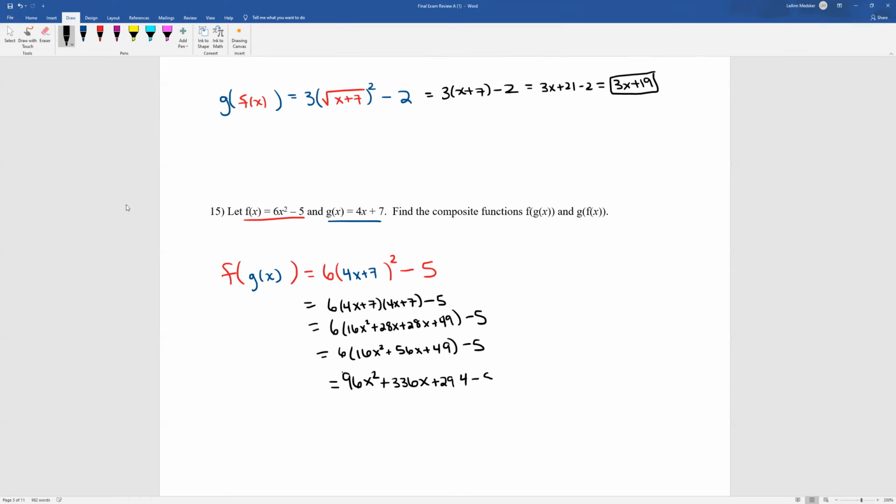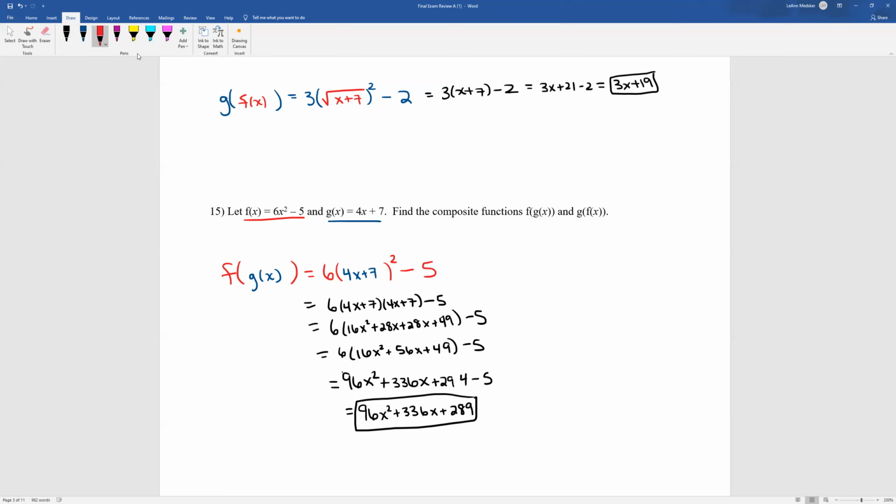And then we have that minus 5 at the end. So we're going to go ahead and subtract 5 from the 294, and that gives me 289. So there is the simplified down version of f of g of x.